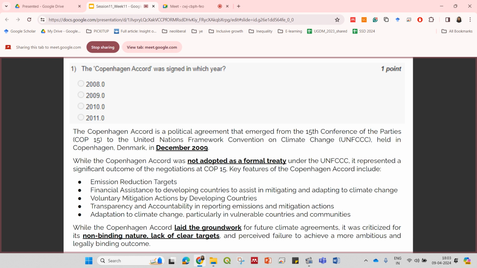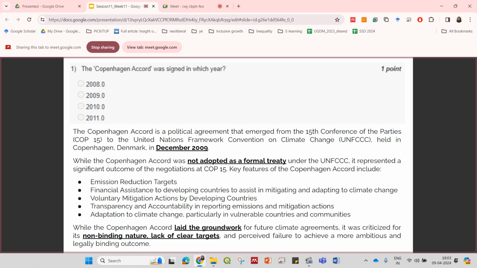While the Copenhagen Accord was made, this document was not adopted as a formal treaty under the UNFCCC because of several shortcomings that the document had.